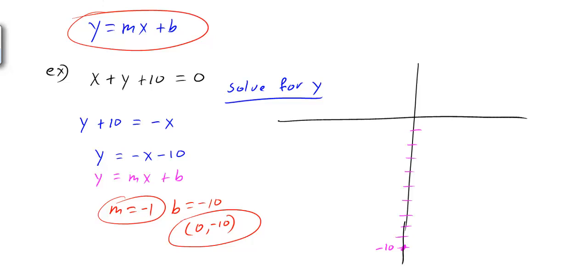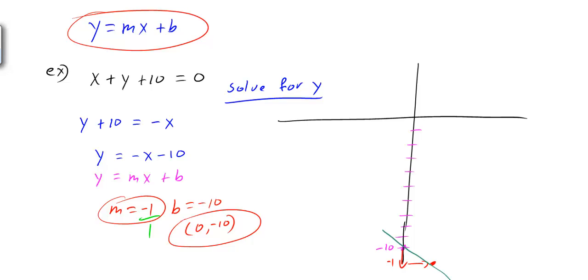And if we know the slope is negative 1, that's understood to be negative 1 over 1, so your change in y is negative 1. That means if we go down 1 and then to the right 1, we would find another point. And if we do that, we could simply connect the points together and we would have the graph for this equation.